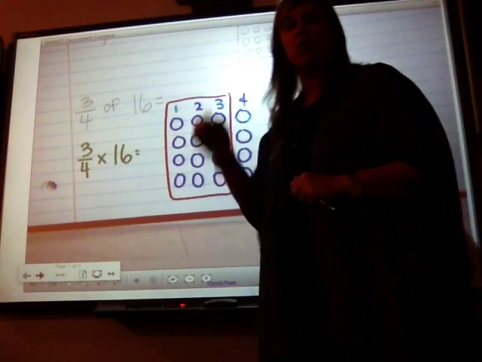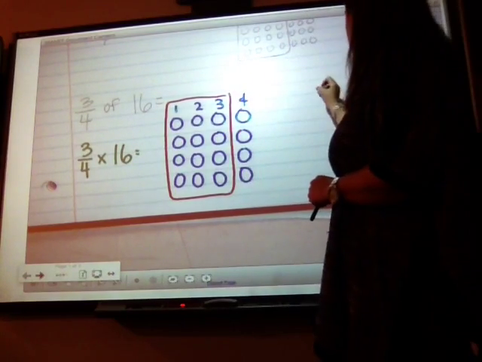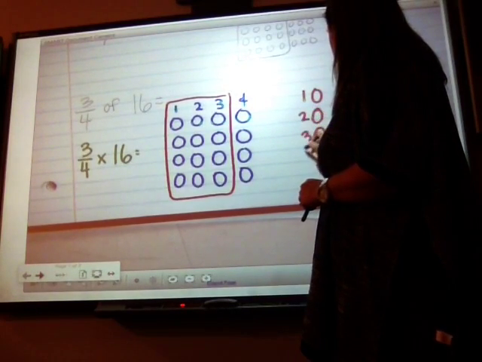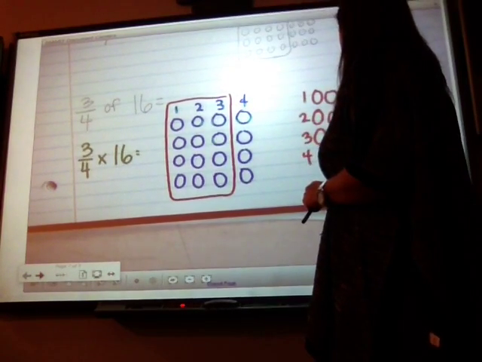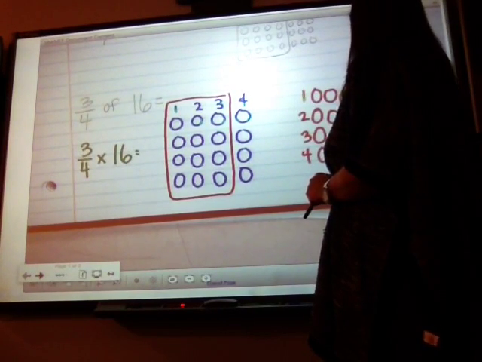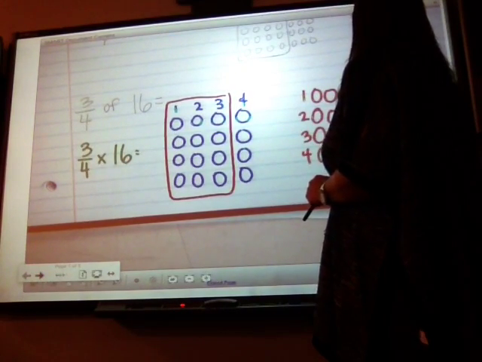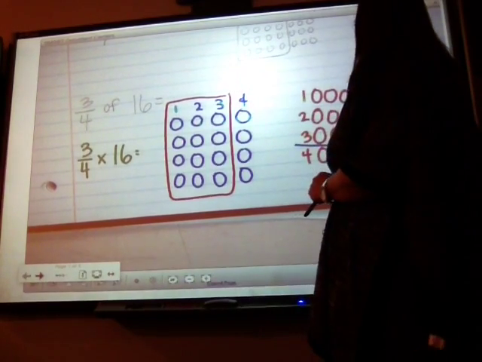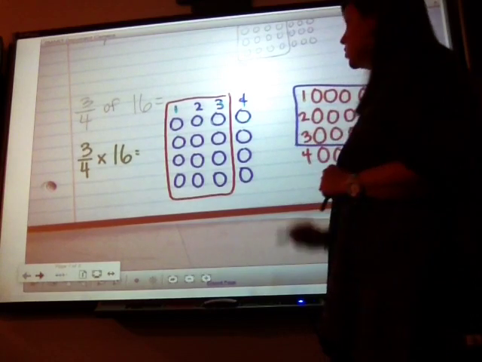Now, real quickly, you can also do it like this. And do it horizontally. Okay? There is nothing wrong with this. And then this way you would be 3/4 this way.